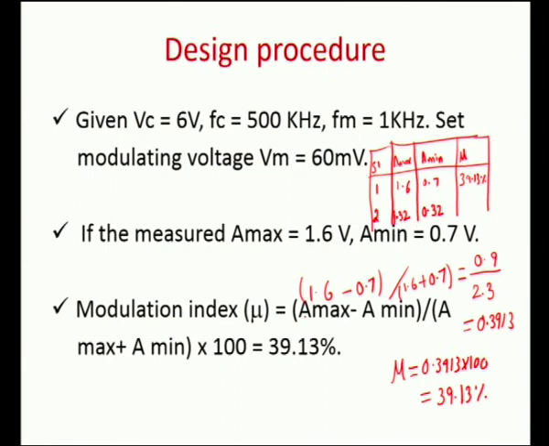You can do a similar calculation for this second reading: 1.32 minus 0.32 divided by 1.32 plus 0.32.